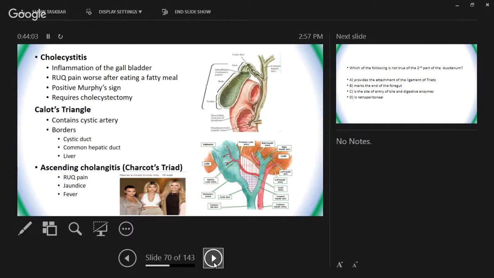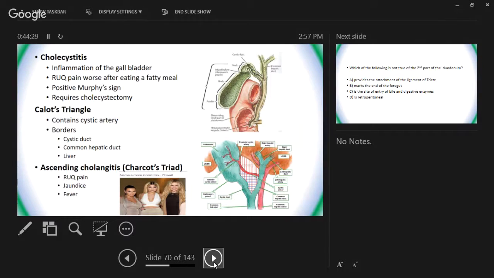Calot's triangle, I don't know if you remember that. When you're taking the gallbladder out, you've got to ligate the cystic artery, which is the one going through the triangle there. Otherwise, you'll bleed. You want to find it in the middle of Calot's triangle, the borders being the cystic duct, the common hepatic duct, and also the liver.